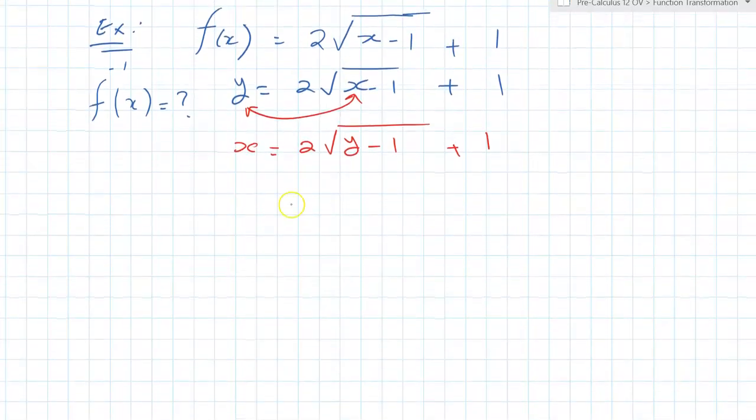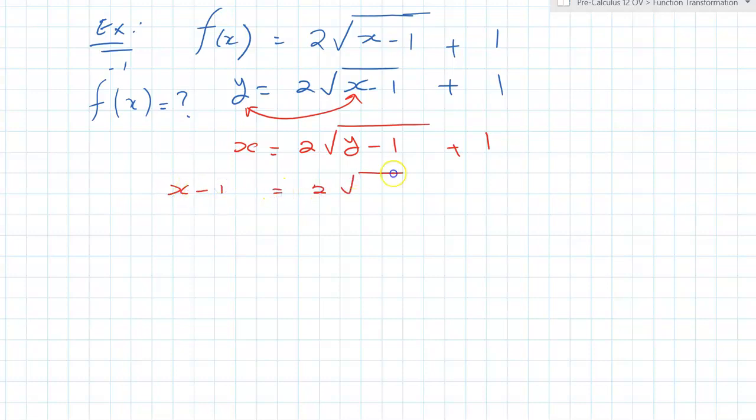And then from this point on, it's just algebraic operation. You just have to isolate y, and by doing that you get x minus 1 equals 2 times the square root of y minus 1. I'm basically isolating y. Get rid of the 2, or you can actually do the square. Regardless of how you do it, at the end you have to deal with that.